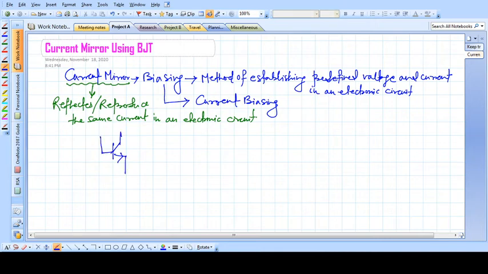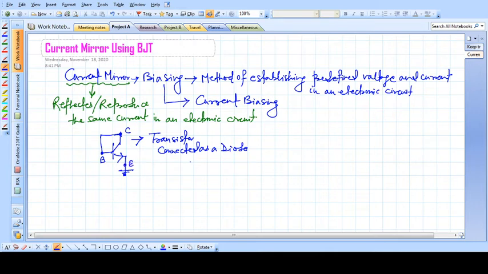So this one is the simple arrangement for the diode connection, a transistor connected as a diode, where the base end and the collector end are shorted, and this one is your emitter.